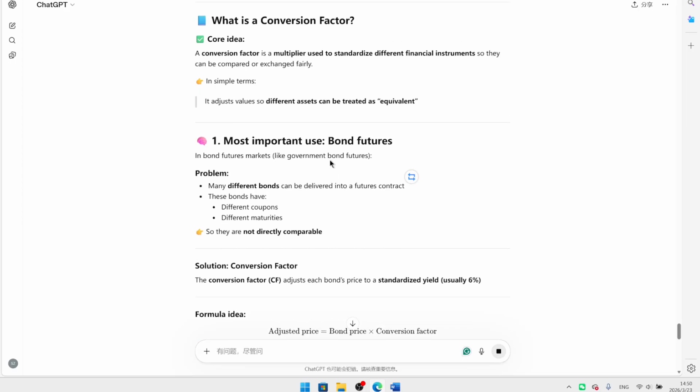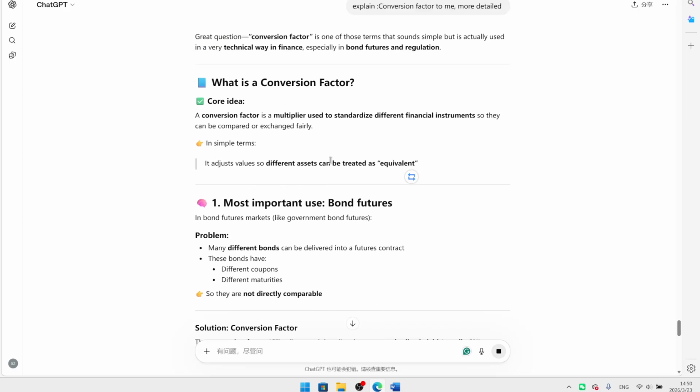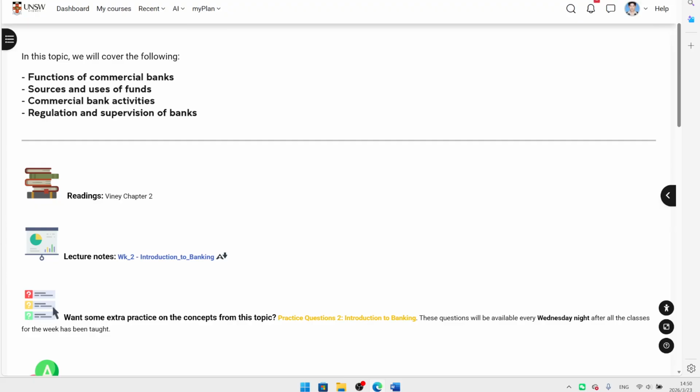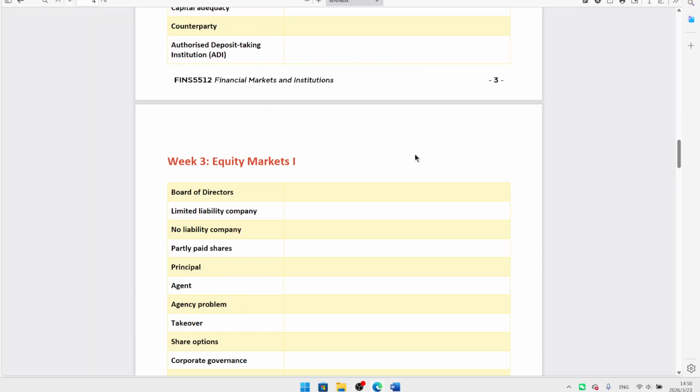Conversion factor is a multiplier used to standardize different financial instruments so they can be compared or exchanged fairly. That's the key. Okay, finish.